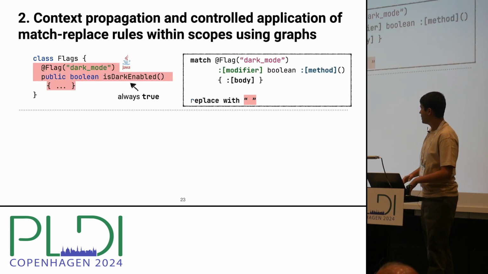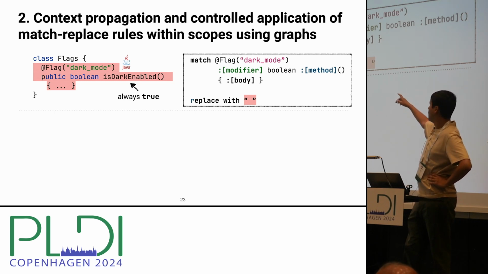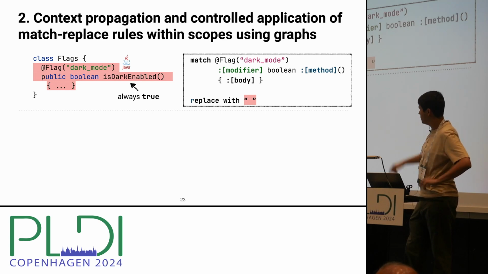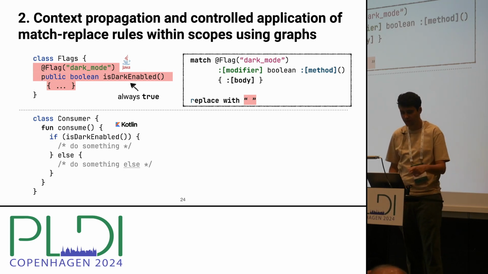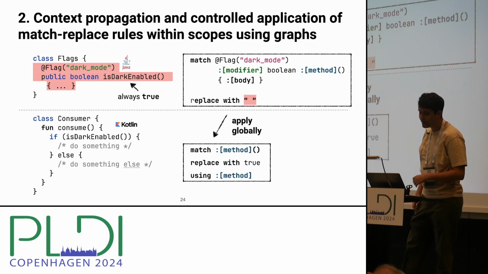If you just want to find and delete this method, you can look for the method that's declared with the annotation dark mode and delete it. But if you want to propagate this across your code base, let's say this is also being used in another class, but in Kotlin, so the declaration is in Java and the usage is in Kotlin, what you can do in Piranha is apply this method globally.